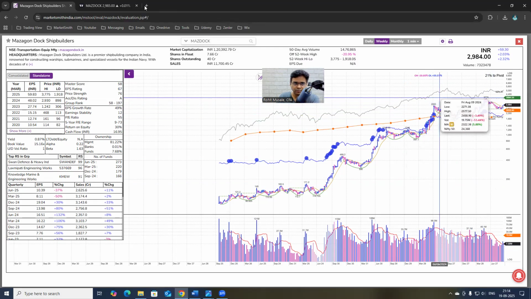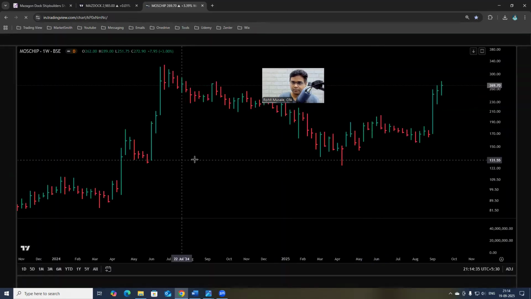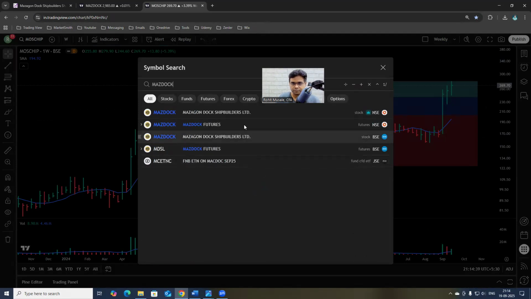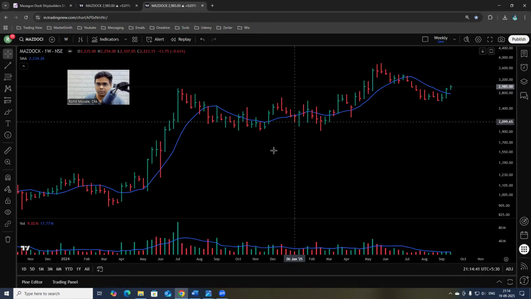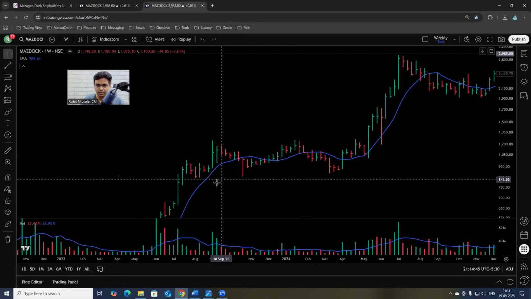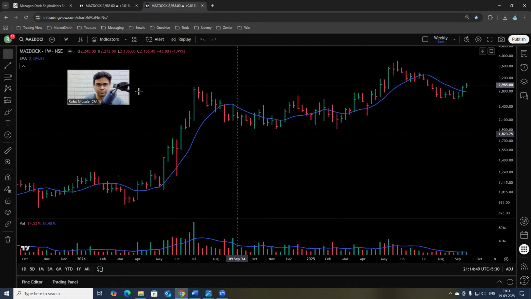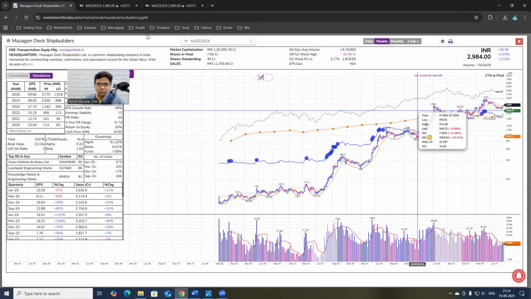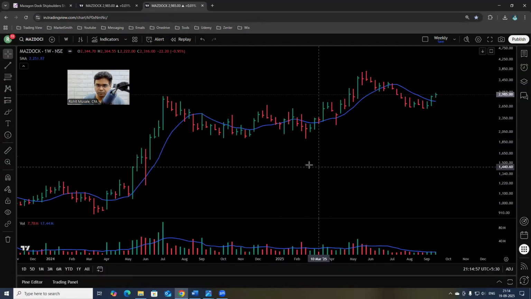Let's go to the weekly time frame chart. Where is the April? Sorry, not this one. So we are looking at the latest movement, right? So yeah, this particular movement.